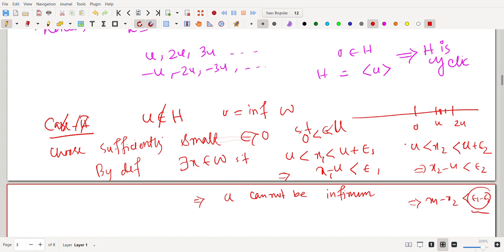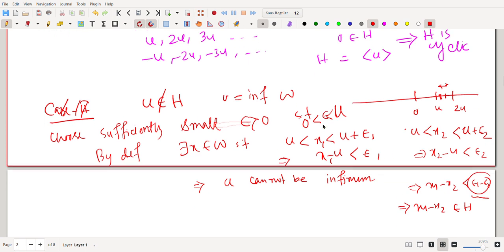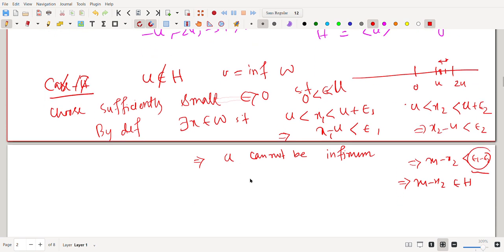Since x1 is in H and x2 is in H, x1 minus x2 is also in H, because H is a subgroup. So this small real number is also inside H, which contradicts that U is an infimum of W, because I am already assuming that U is the infimum of W, where W contains all the positive real elements inside H. Okay, understand?